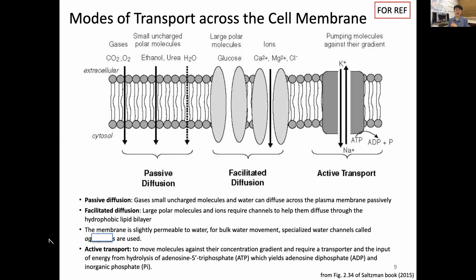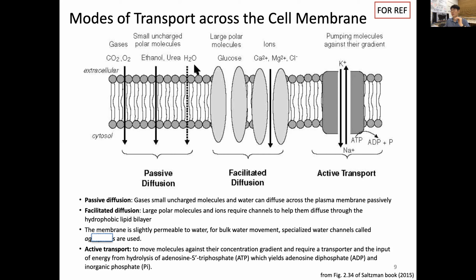So this is just reference material, but to give you some idea of the modes of transport across the cell membrane. First you can see these gases, oxygen, carbon dioxide, and ethanol, which is alcohol, and urea, these small uncharged polar molecules can freely pass through the cell membrane. We can see that in our breathing and respiration, oxygen and CO2 have to pass the cell membrane freely, and alcohol again.